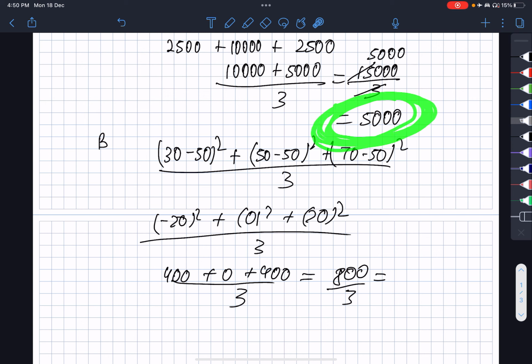So we'll be considering B over A. Got it? We got the concept of this. We'll be considering B over A because the standard deviation of A is much higher compared to B.